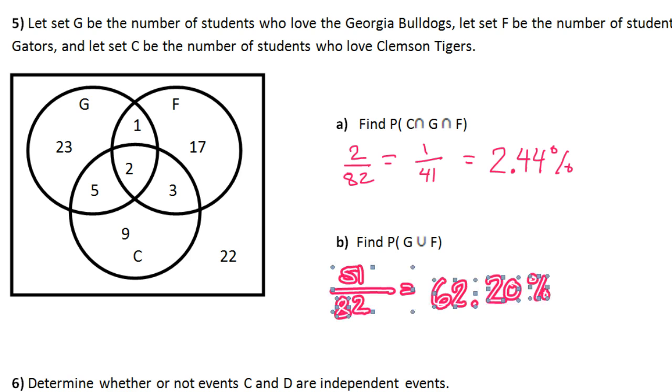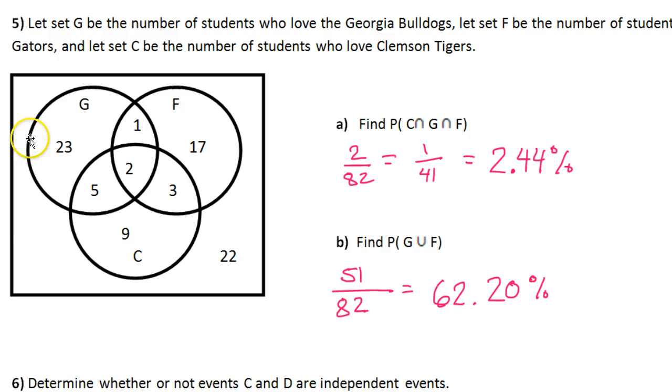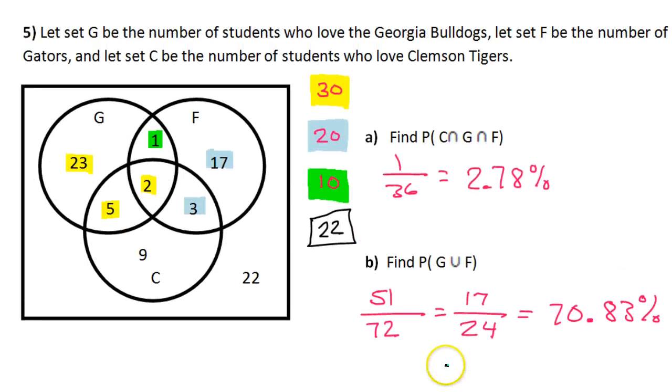So target over total, these 6 numbers add up to 51. Again, the total is 82. So 51 out of 82, which does not reduce, but could be expressed as 62.20%. So that's the end of number 5.